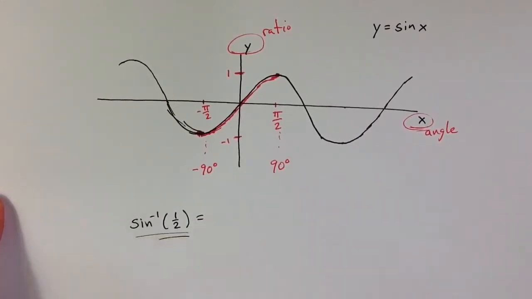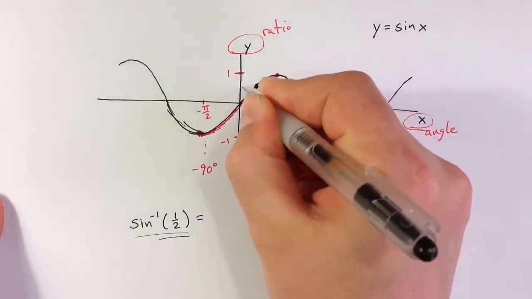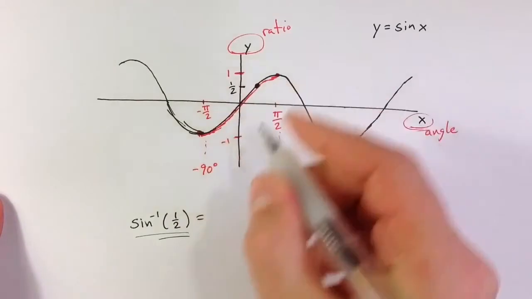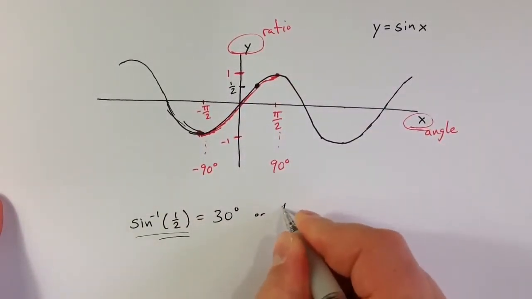So in order for inverse sine to be a function, there needs to be one single angle that corresponds to that statement, and that angle is the angle in this range that corresponds to a sine ratio of 1/2. And so it would be 30 degrees or pi over 6.